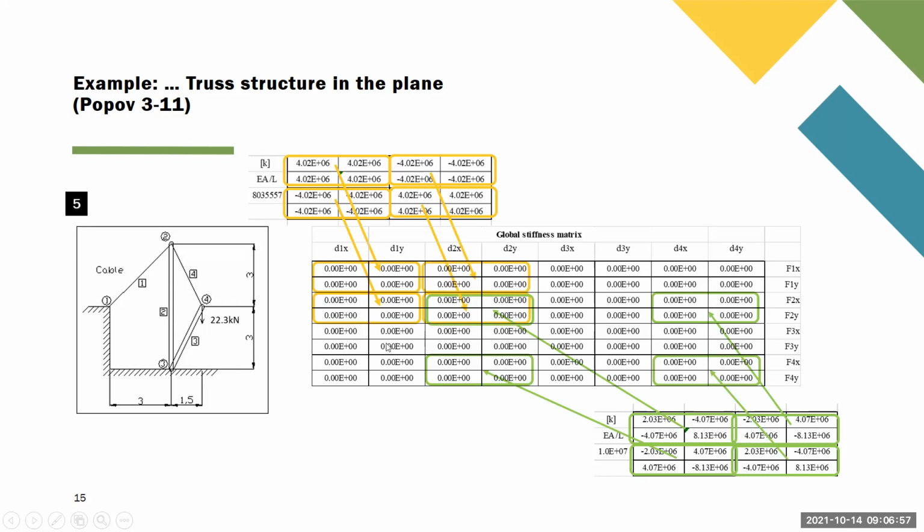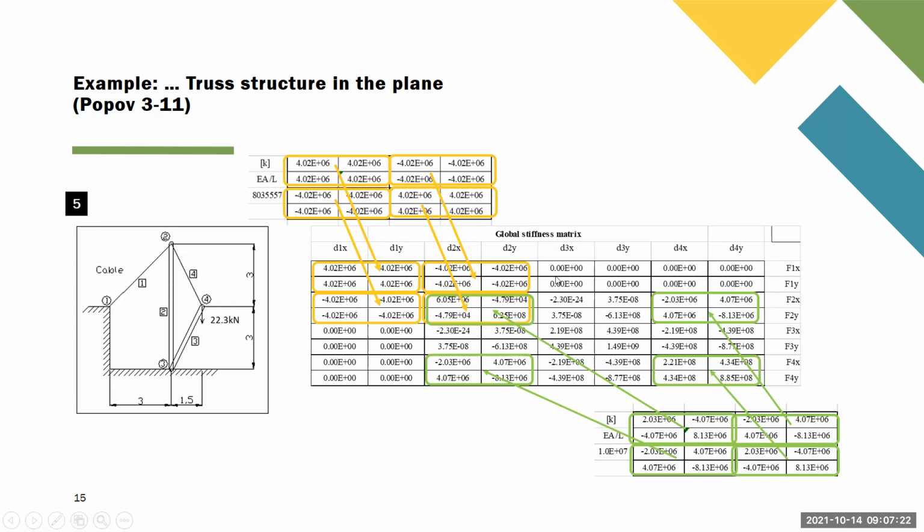In this way, we are contributing from each one of the elements into the global stiffness matrix, like this. So at the end, this is going to be the result. You see here, for example, that this space is full of zeros.